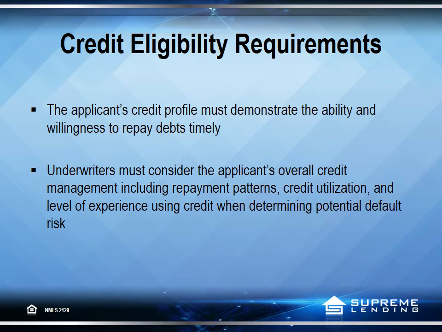The applicant's credit profile must demonstrate the ability and willingness to repay debts timely. Underwriters must consider the applicant's overall credit management, including repayment patterns, credit utilization, and level of experience using credit when determining potential default risk.